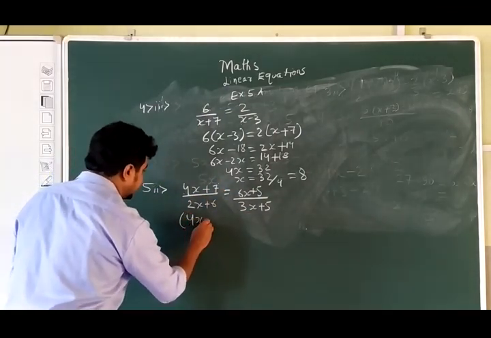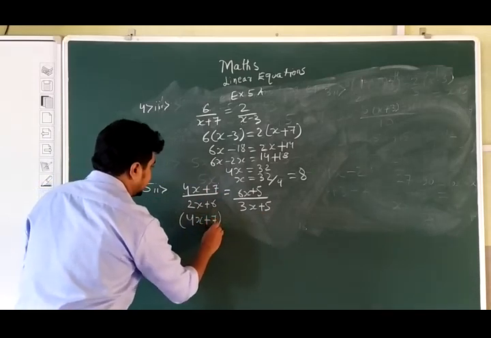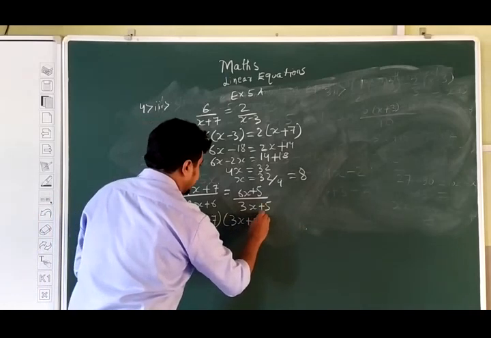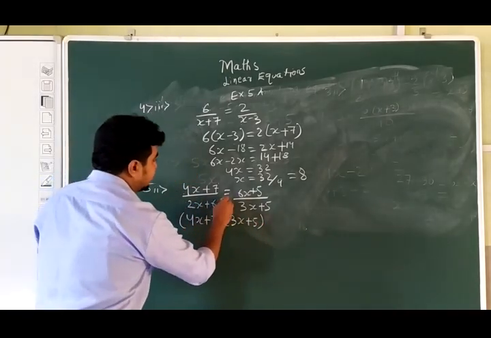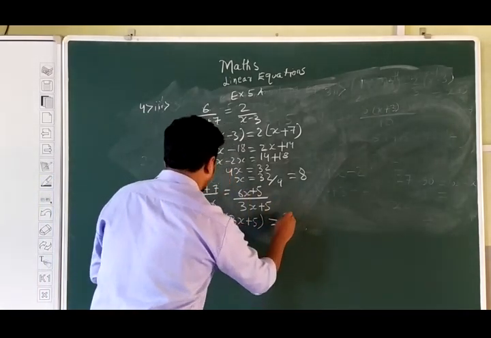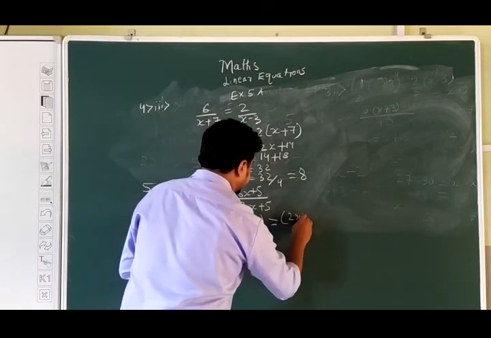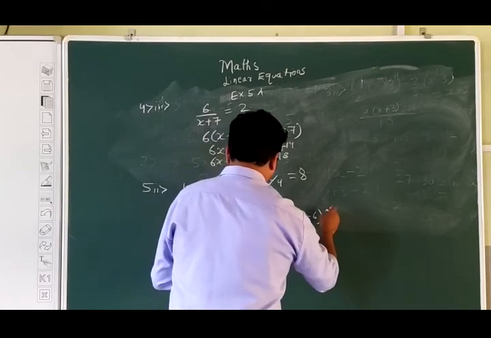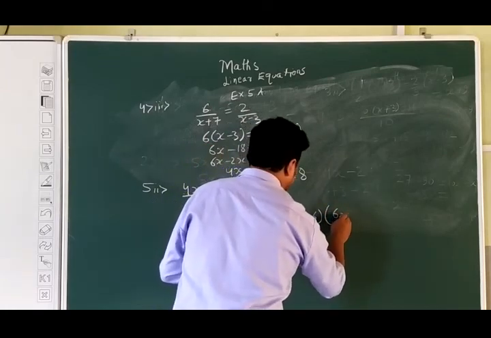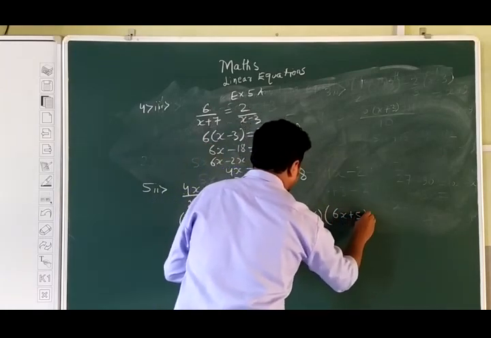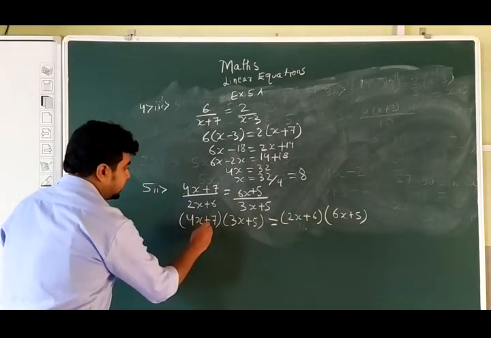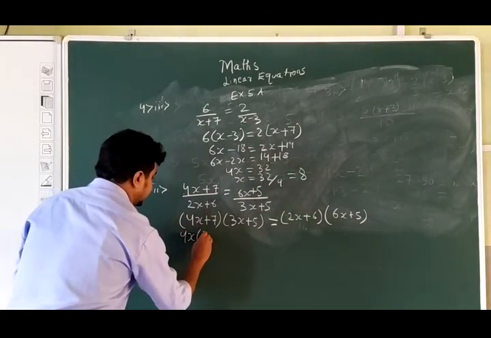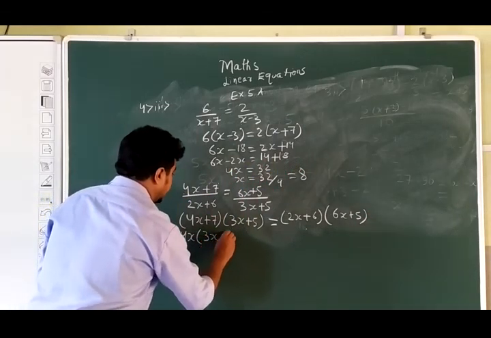4x plus 7, as we have studied about how to multiply, into 3x plus 5. And from here 2x plus 6 into 6x plus 5. See how I am multiplying: 4x, I will write then this whole term 3x plus 5.